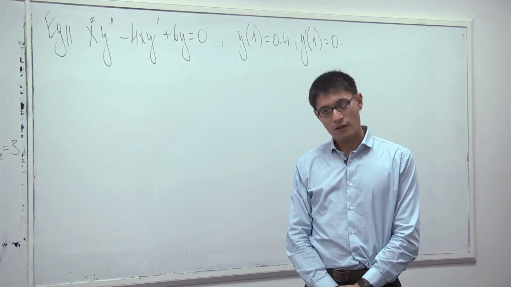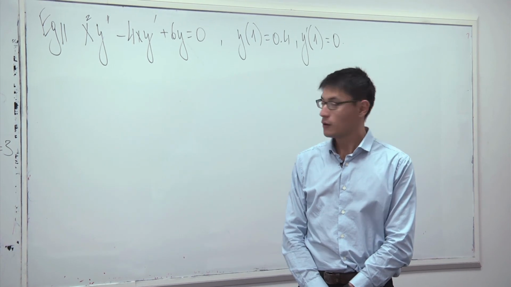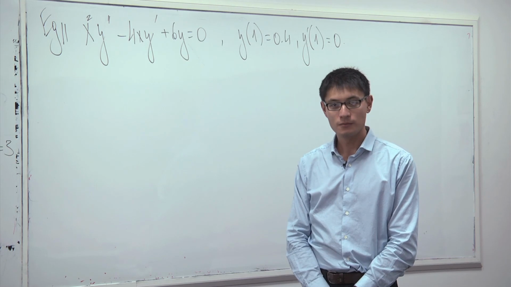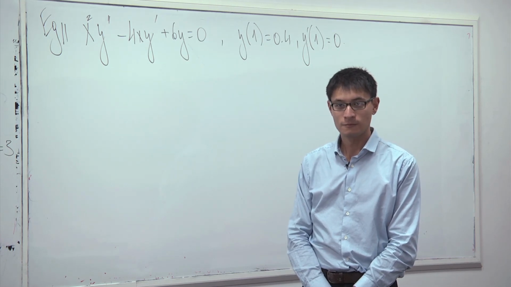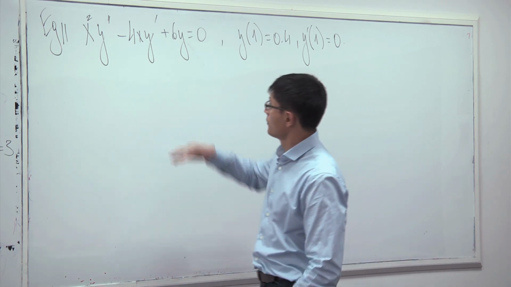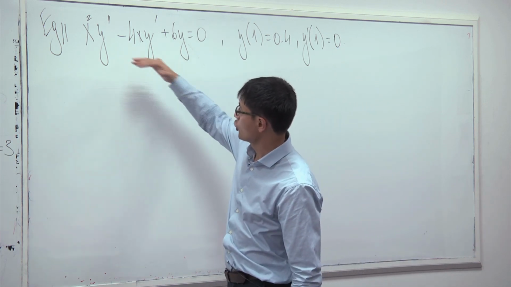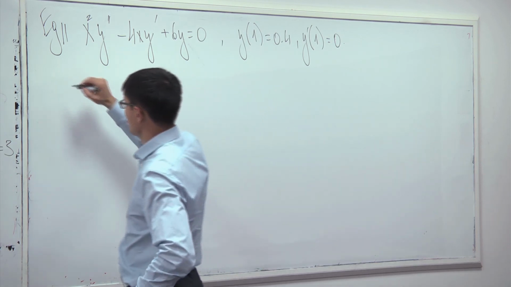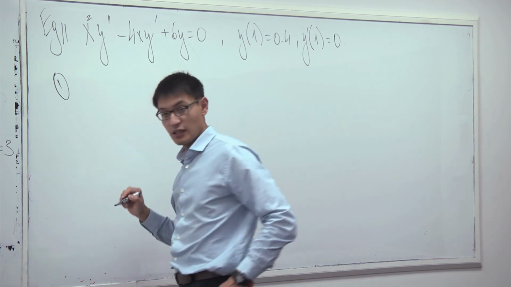Let's consider the next example. Why don't you take a second and see if you can solve it on your own. All right, let's try it together. So notice that we have a Cauchy Euler equation. So we start by solving the characteristic equation.